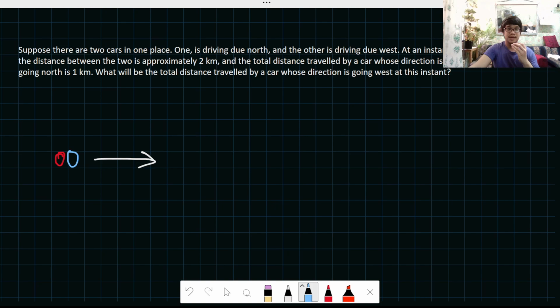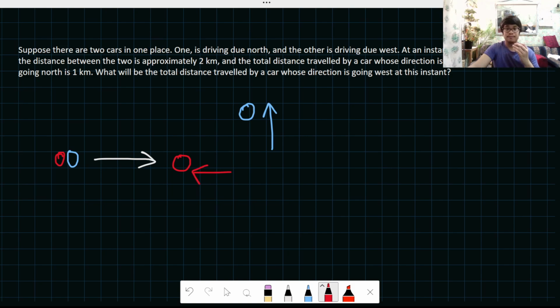So we can say that from that place, it's actually going here. All right, it's going up, going north. Then the other is going west, which is basically on the left direction. So we can say that it looked like this. All right. So from this starting position, then they go in their own direction.